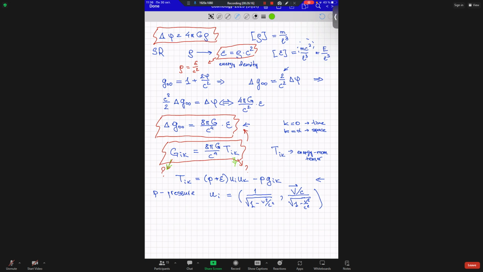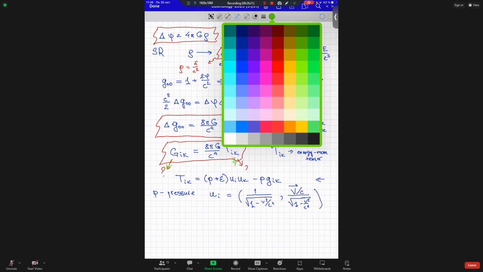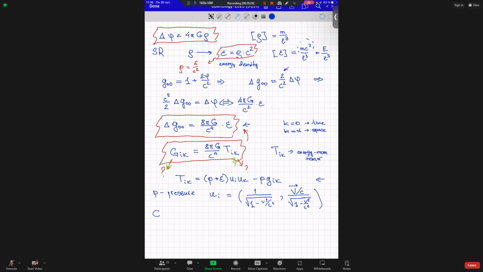So, it's understandable that this tensor G_ik should describe some properties of the space due to gravity. And we need to understand what this is. To understand it, first, we understand that this tensor, let's go to the second page. So I will put here just for convenience.